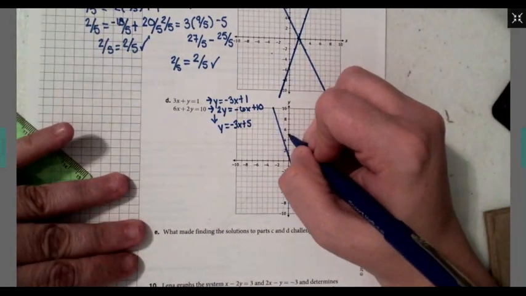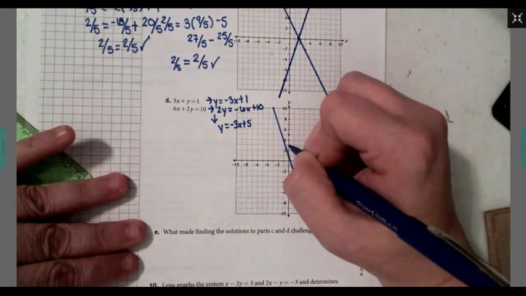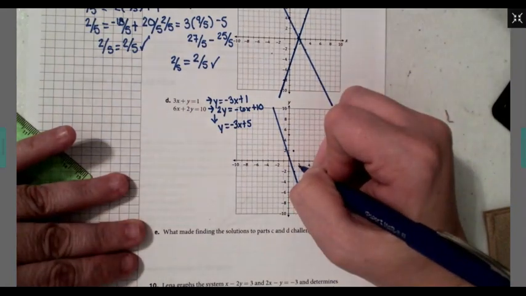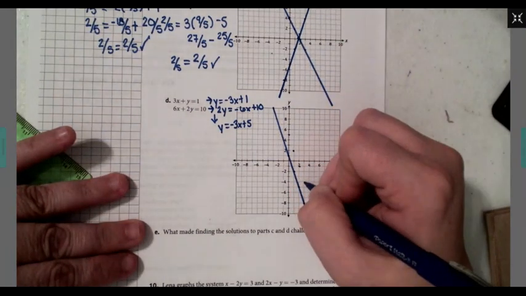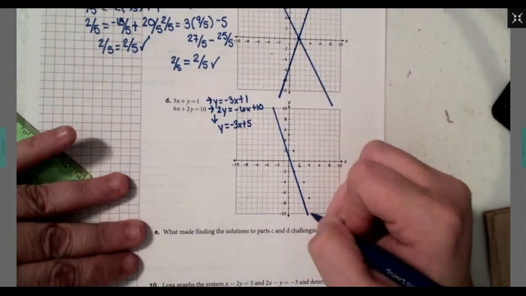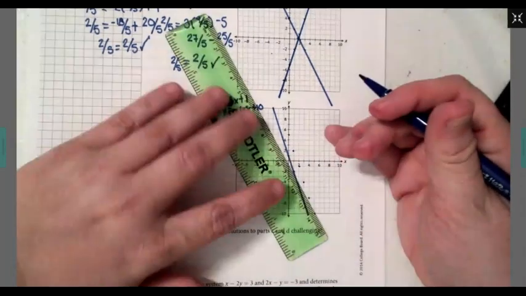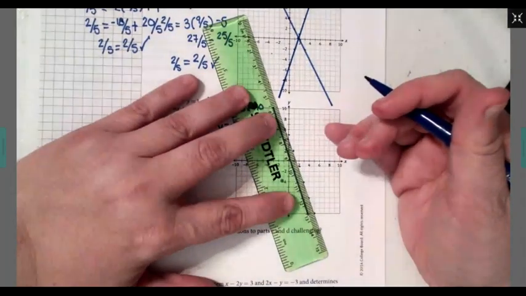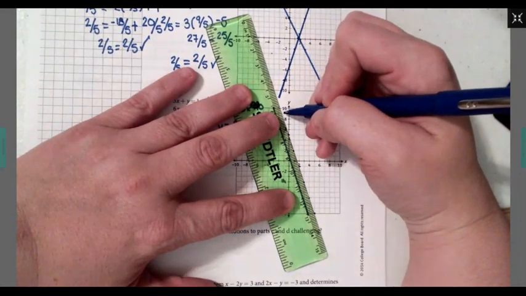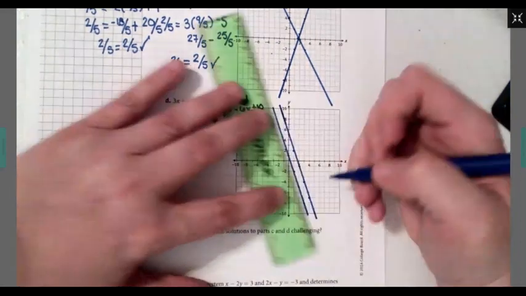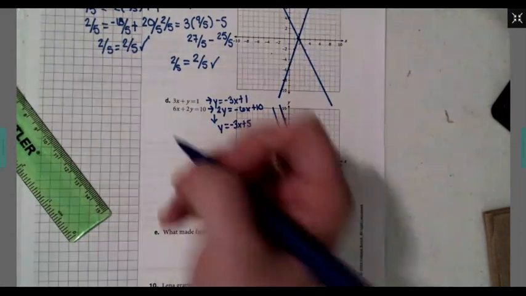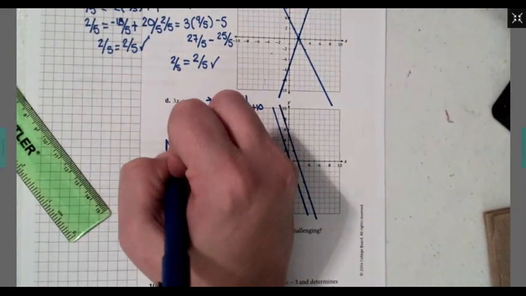So we're going to start at 5 here and go down 3 over 1, down 3 over 1, down 3 over 1, down 3 over 1, down 3 over 1, like so. And making sure I draw this straight. What do we notice here? No intersection.